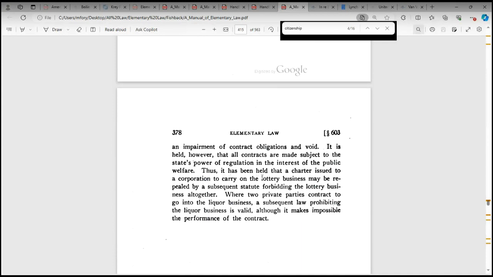Thus, a charter issued to a corporation to carry on lottery business may be repealed by subsequent statute forbidding the lottery business altogether. Where two private parties contract to go into a liquor business, a subsequent law prohibiting the liquor business is valid, although it makes impossible the performance of the contract.